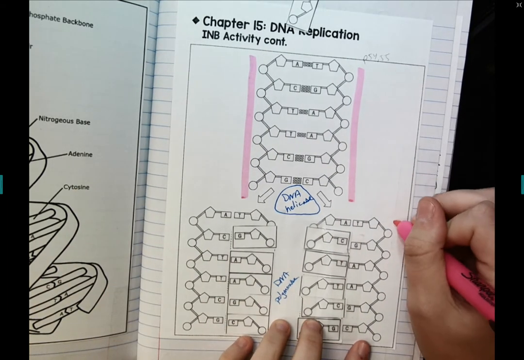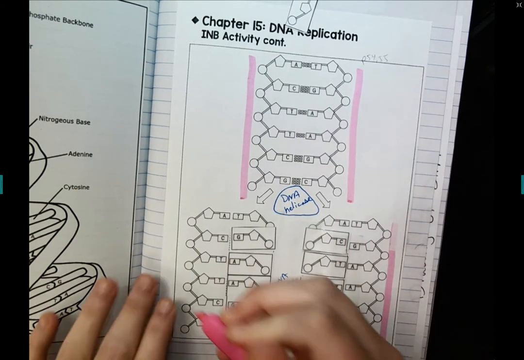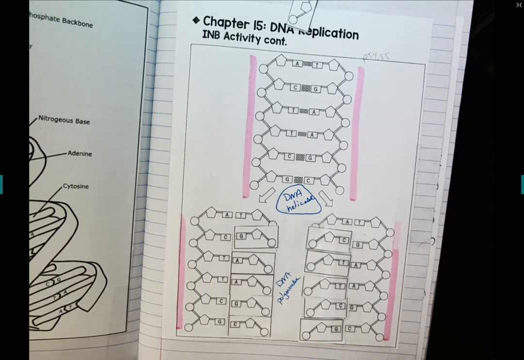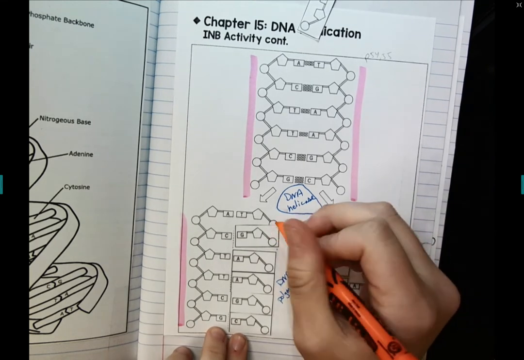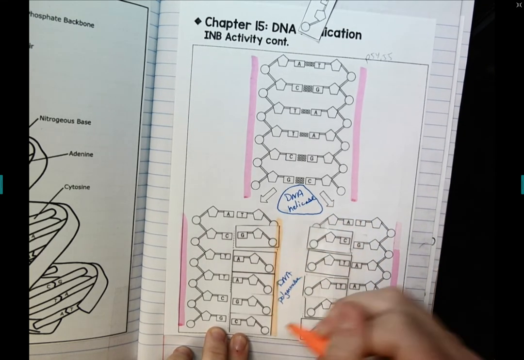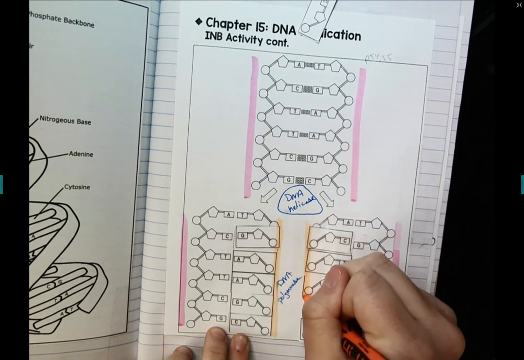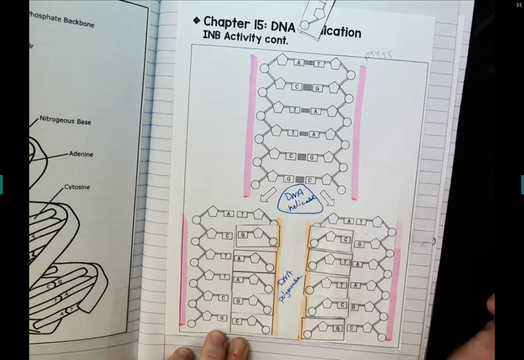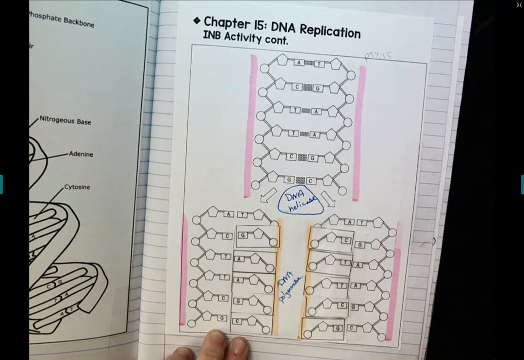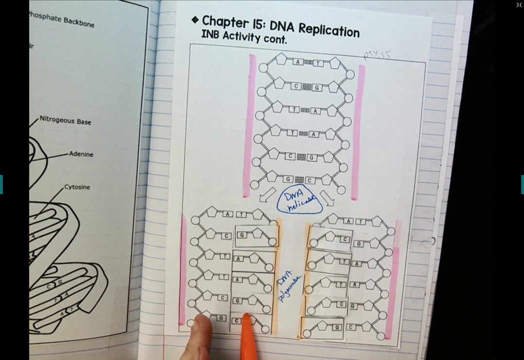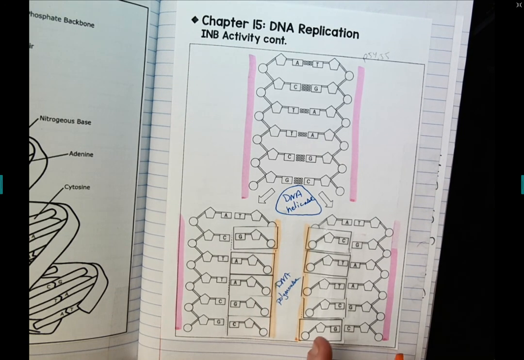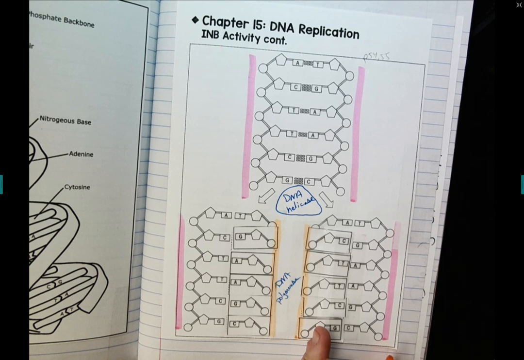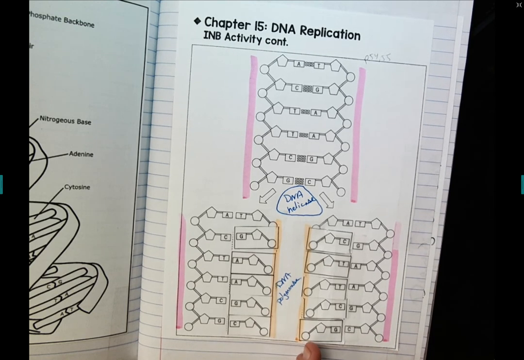So here's the original parent still. But then each new DNA strand has a new copy. So we say that DNA replication is semi-conservative because this new DNA strand has a new copy and a copy of the original, and this DNA has an original copy of the parent and a new copy.